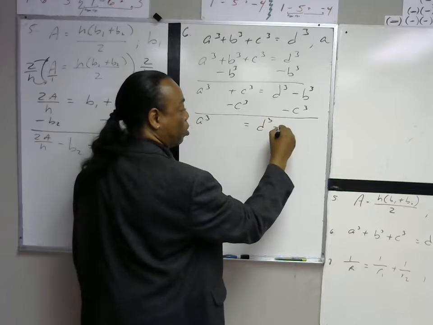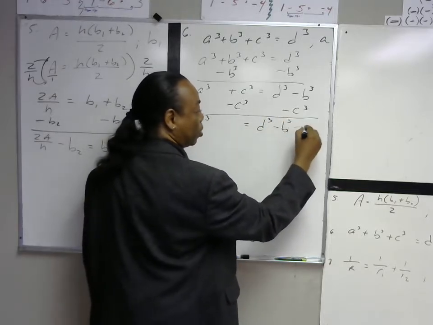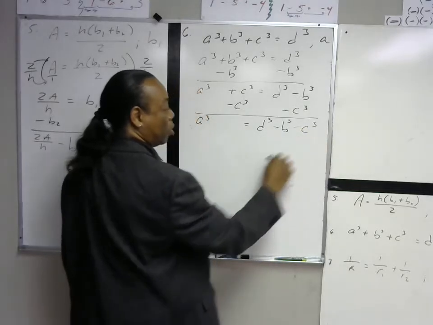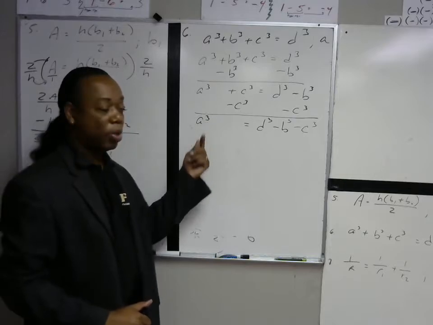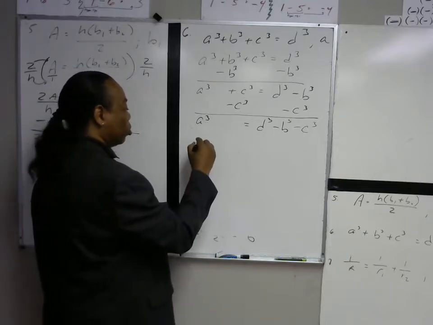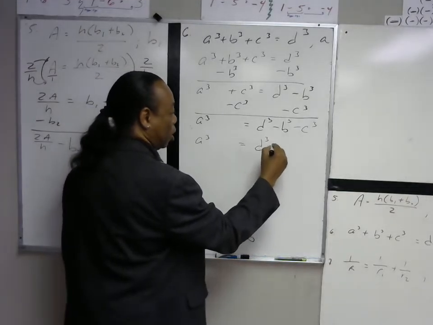So D to the third power minus B to the third power minus C to the third power. Okay. The last thing is to get rid of this cube here. So I'm going to preserve the integrity of that problem there. And write this here.